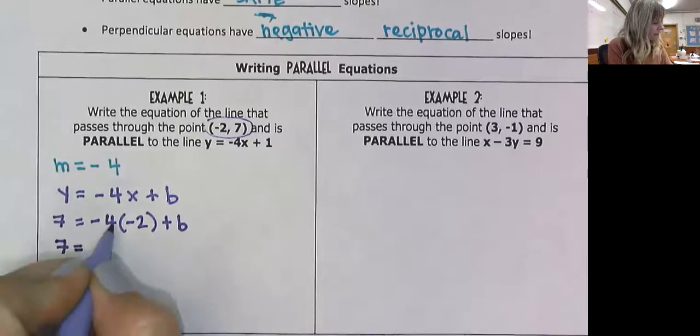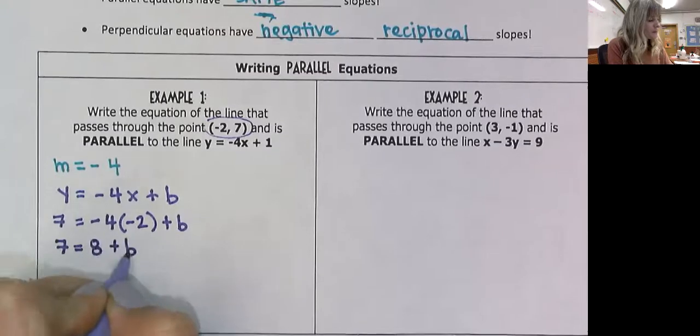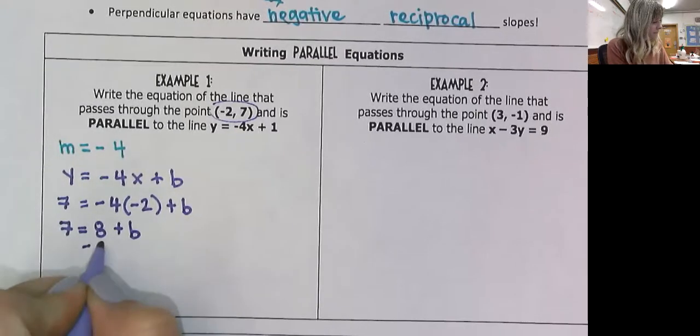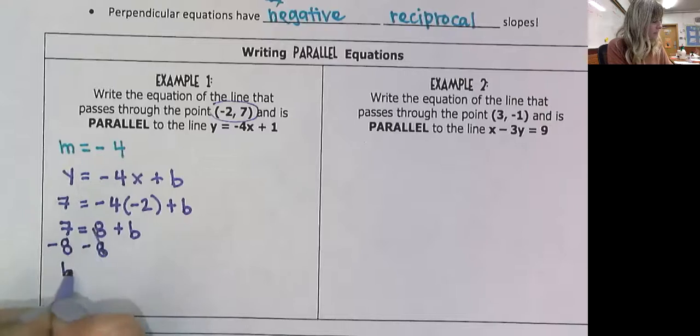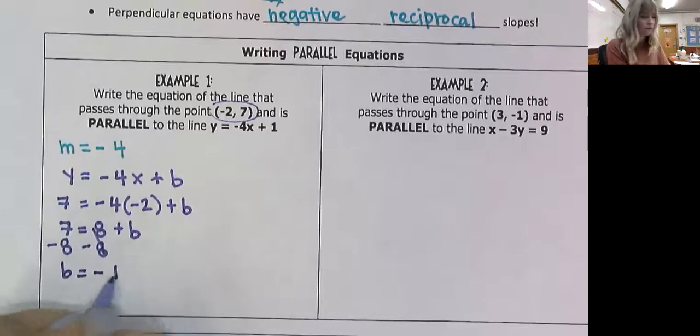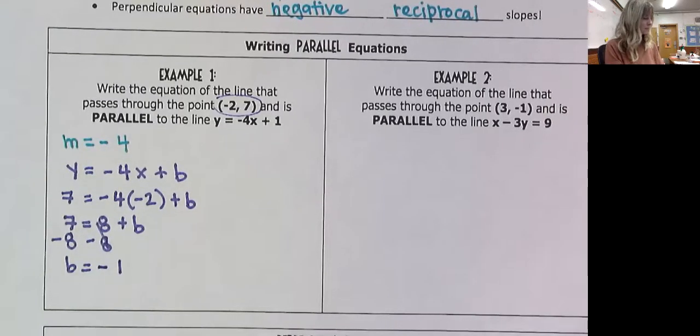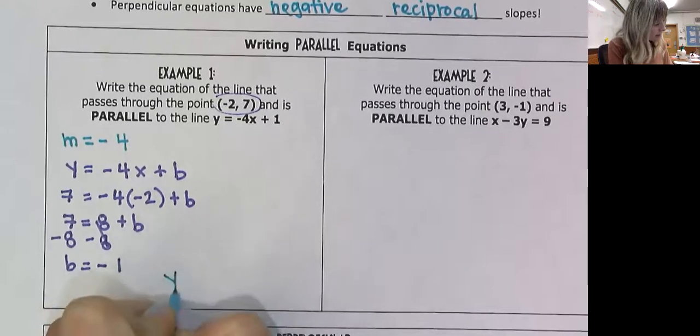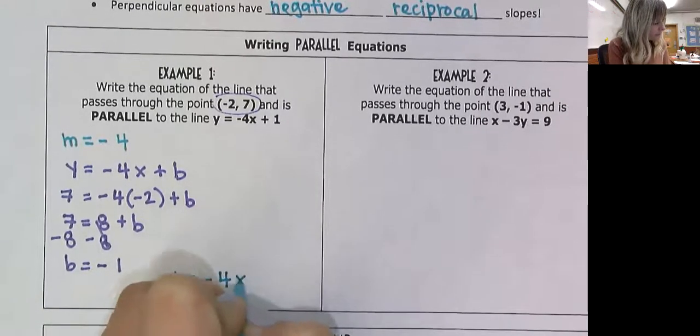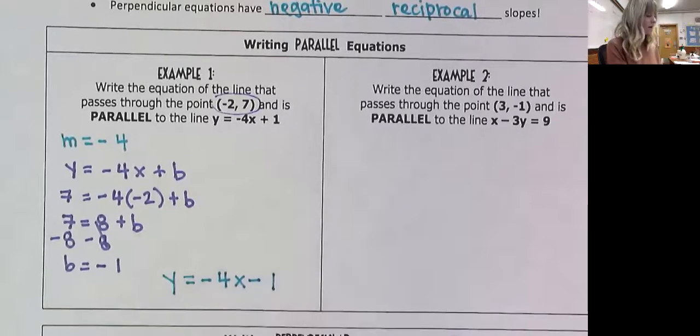7 equals negative 4 times negative 2, which is positive 8. And then, of course, I solve for b. Minus 8, minus 8, b equals negative 1. Careful with those signs there. Which means here is an equation: y equals negative 4x minus 1.